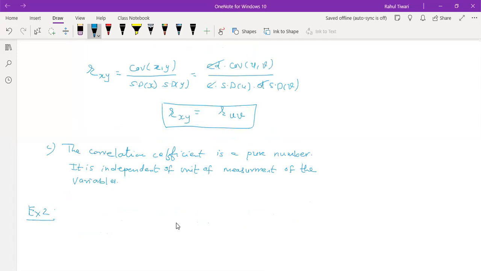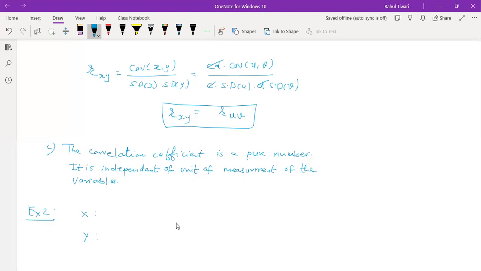I need a small data set which is quite useful. Let's take down X data and Y data.